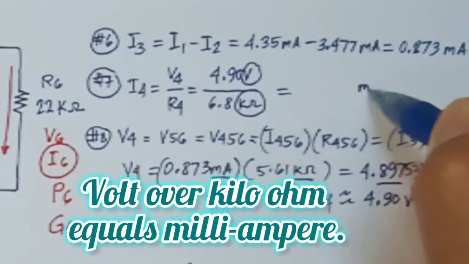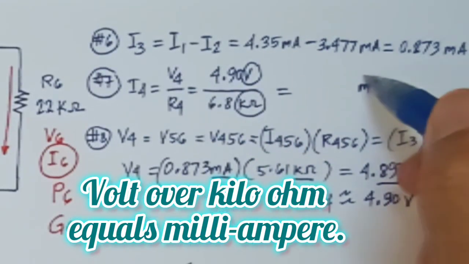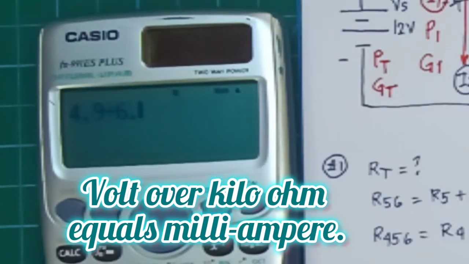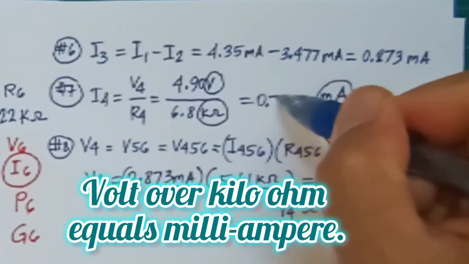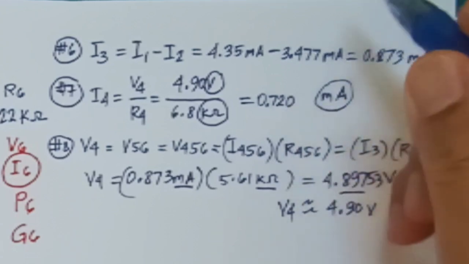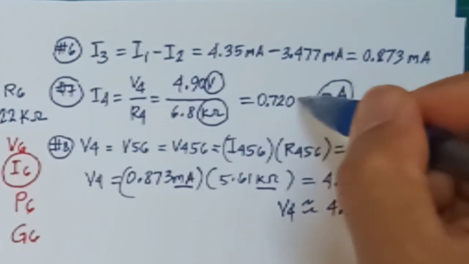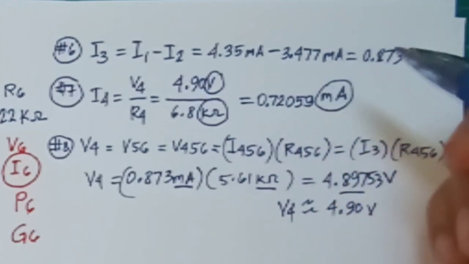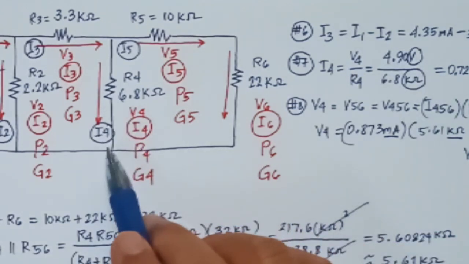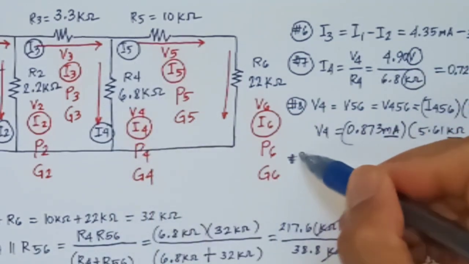But don't forget, volts over kilo ohms equals milliamperes. So let's calculate the final answer here. It would be 0.7205, and let's round this to 0.72059 milliamperes.